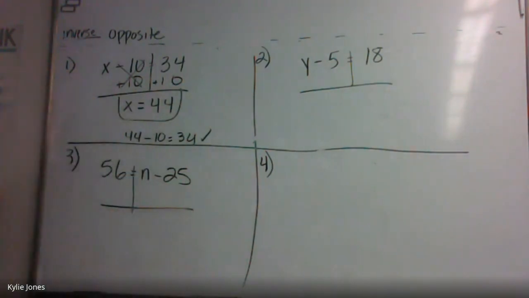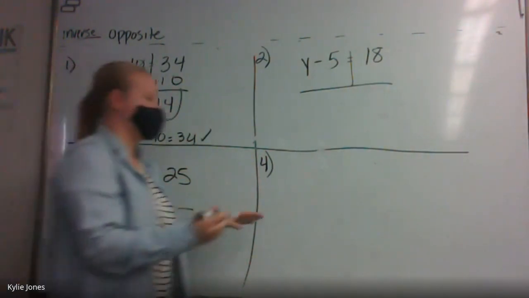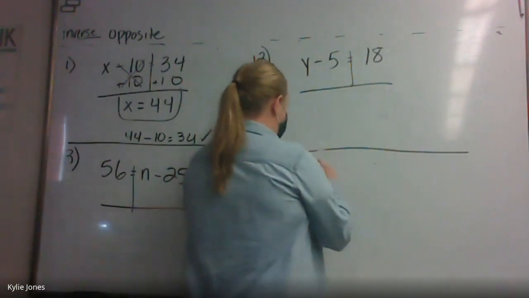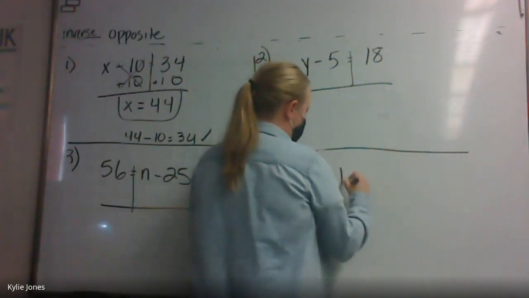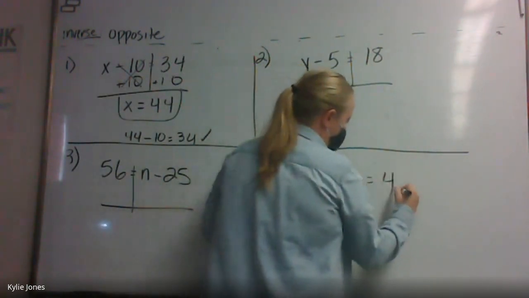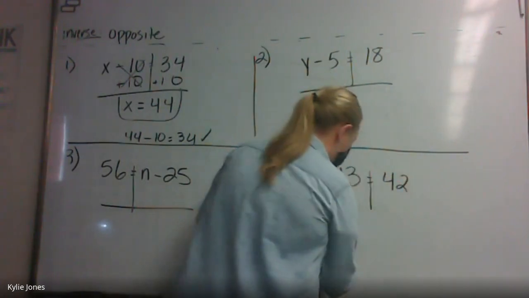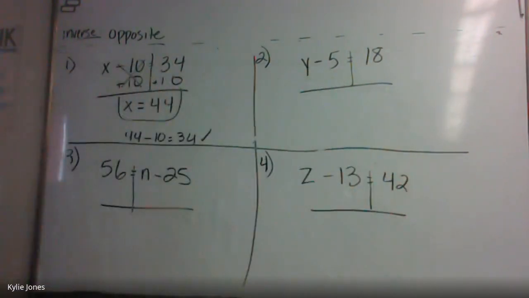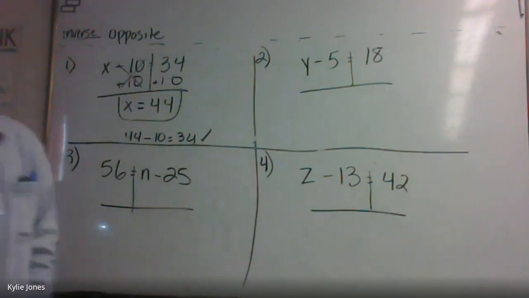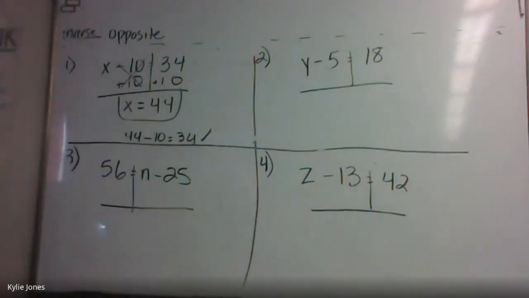Okay, so that one, and z minus 13 equals 42. And there's our fourth one. So 3 problems for you guys to try on your own, please. You got this. The more we do it, does it make more and more sense?